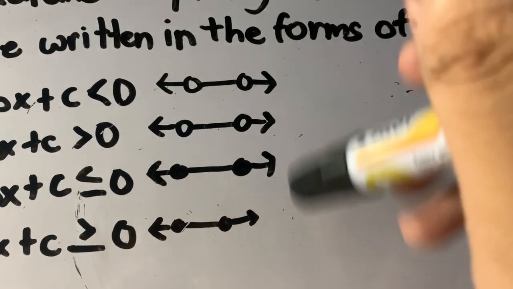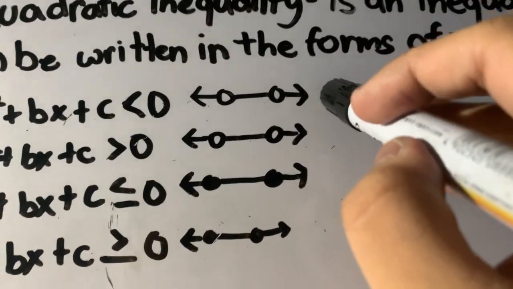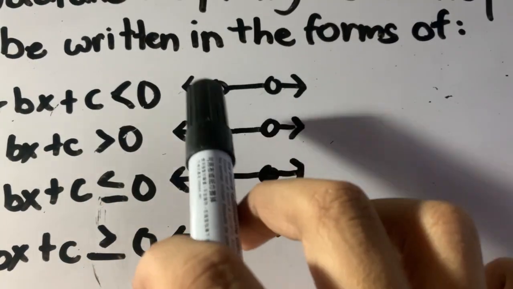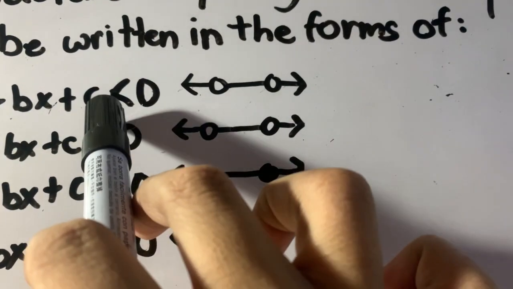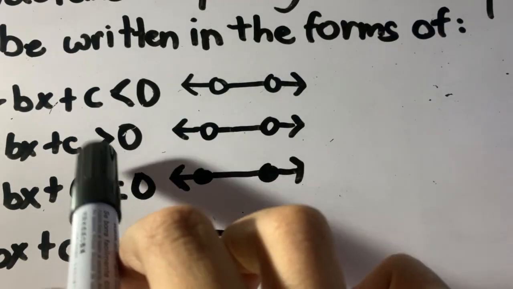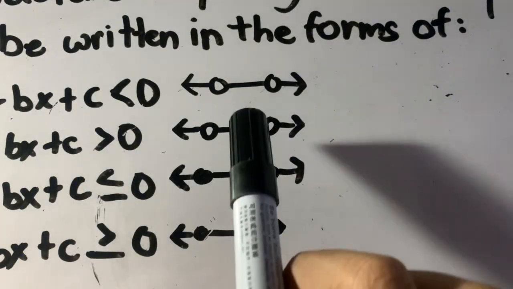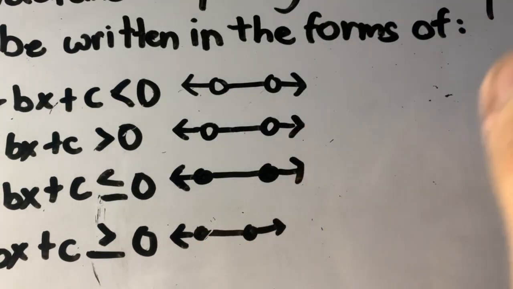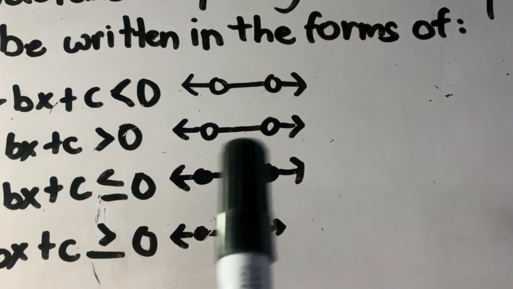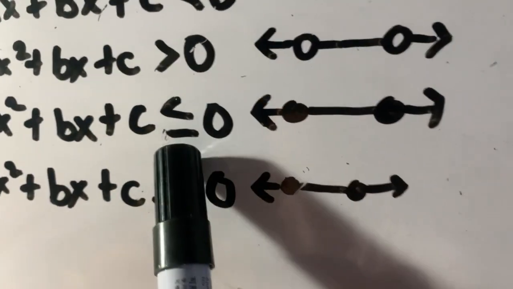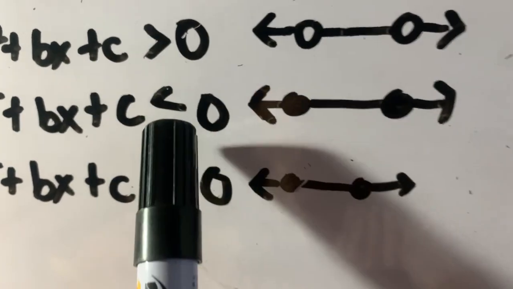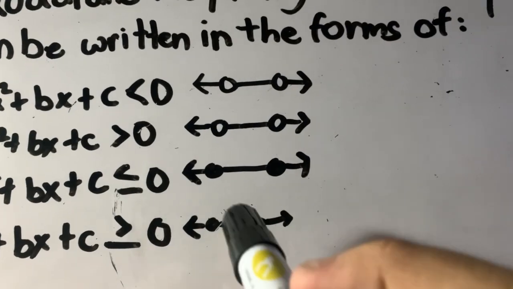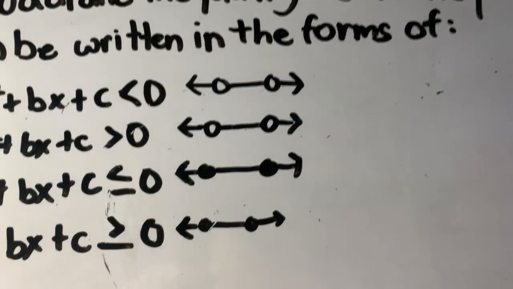In here we're not using a Cartesian plane, but rather a normal number line. The open circles mean these numbers are not included, while for less than or equal to and greater than or equal to, these are included.